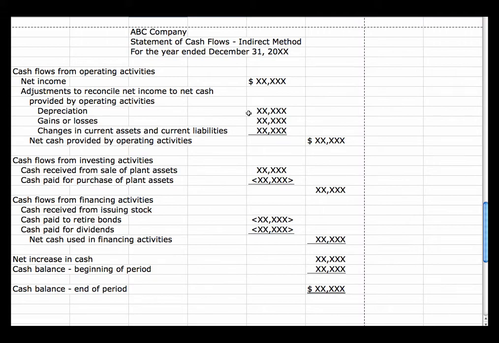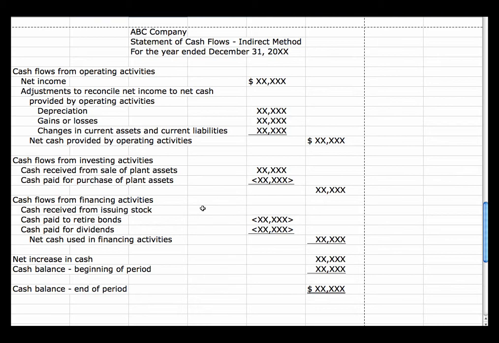We do the same type of thing for other gains and losses that we've recognized in net income that had no cash effect. And then finally, we take a look at the changes in current assets and current liabilities, and we reflect those as increases or decreases to cash. Once we get that, we'll get the net cash provided by operating activities. Now this value, whether we use the indirect method or the direct method, should come up with the same value. The other two sections, the investing activities and financing activities, do not change between the two methods.